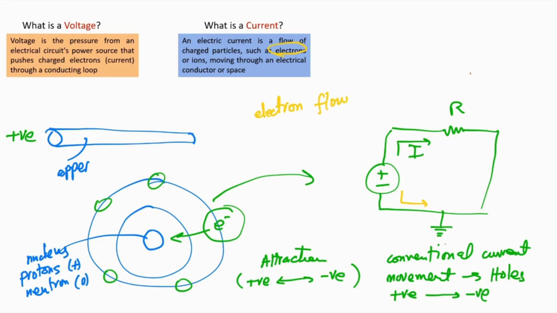So the electron flow of the current is the movement of electrons, and it is from negative to positive. So this is the difference between the conventional flow and the electron flow, which describe what a current is.